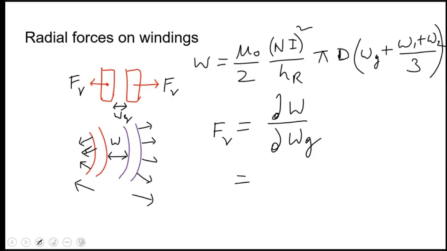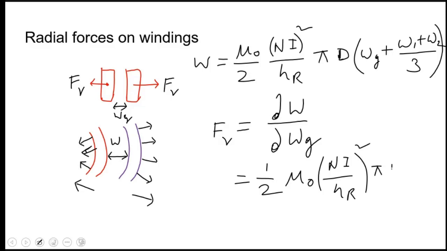Half mu naught N i by HR, let me club here, whole squared, pi d HR.